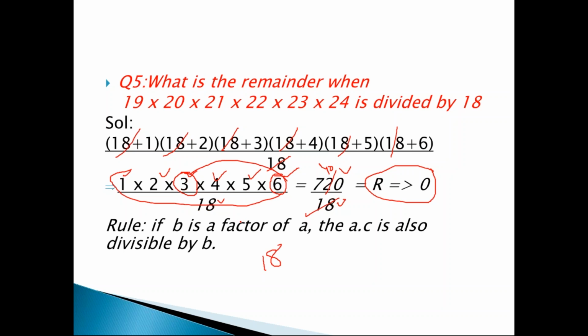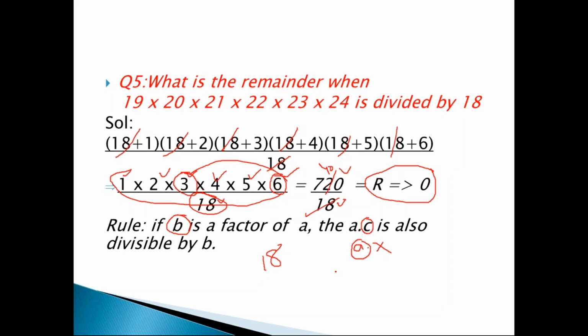So whatever the number that is multiplied with 18 is also divisible by 18. For example, if b is a factor of a, then for any other number c, whatever the number that is multiplied with a is also divisible by the factor b.